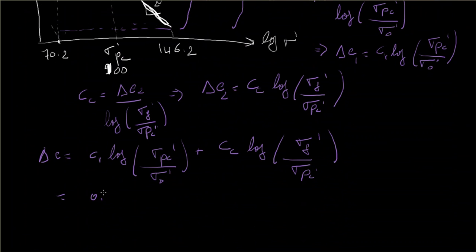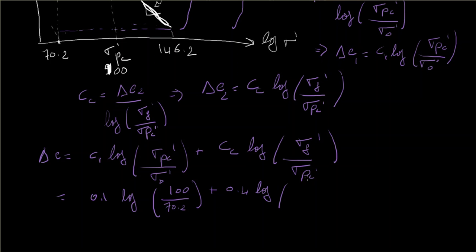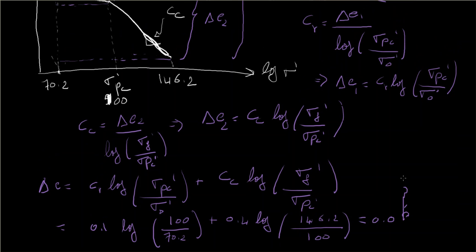So this is 0.1 log of sigma pc dash 100 over sigma initial 70.2, plus CC, 0.4, log of sigma final, which is 146.2, over 100. That is equal to 0.081.